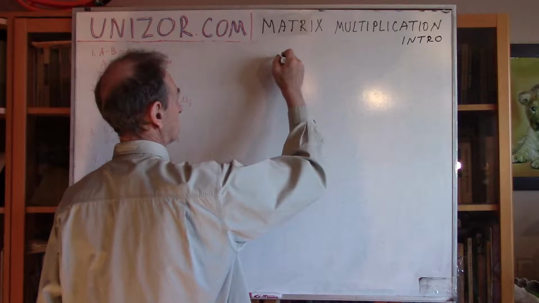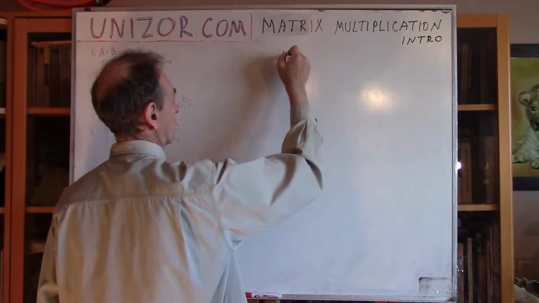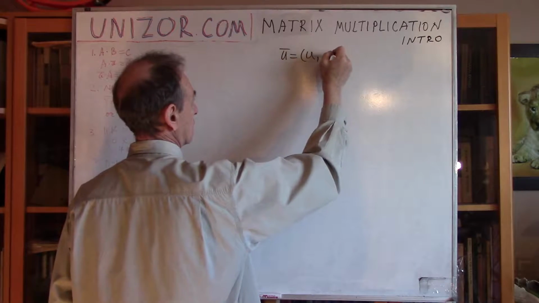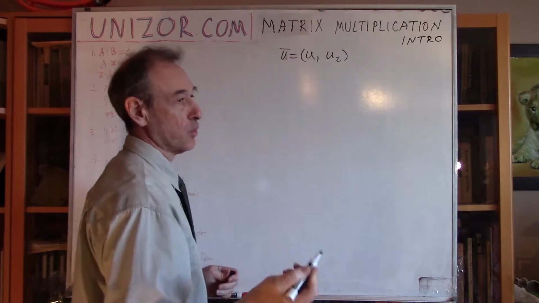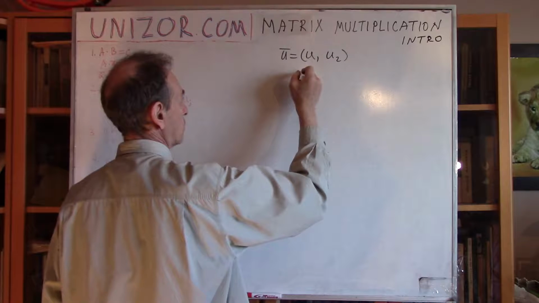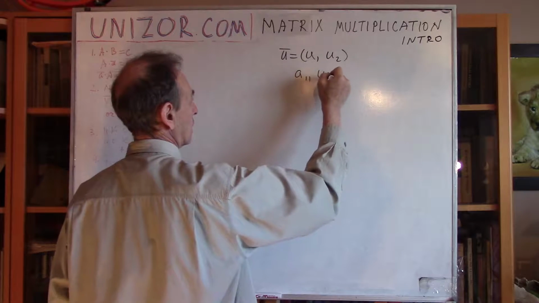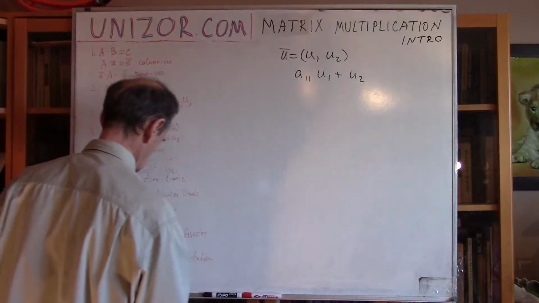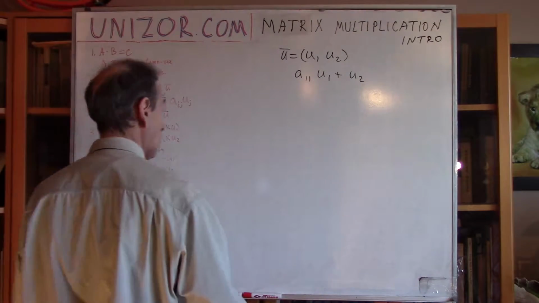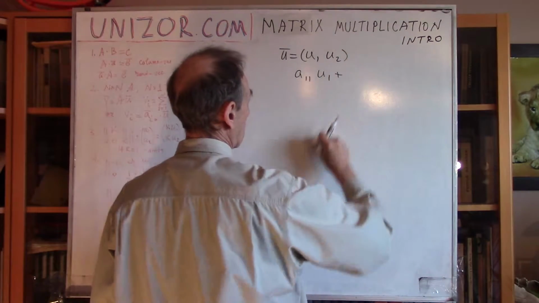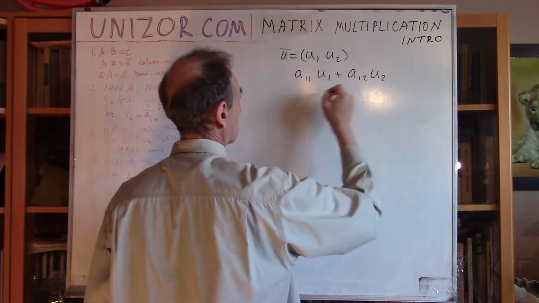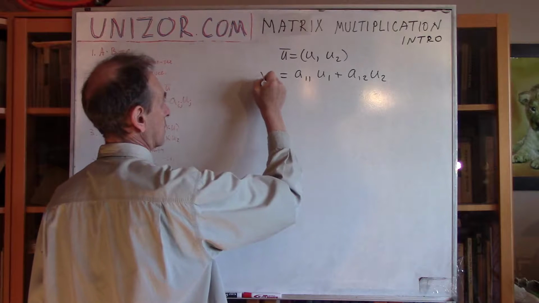For instance, we have a two-dimensional vector u, which has two coordinates u1 and u2, and we have the following transformation of the coordinates.